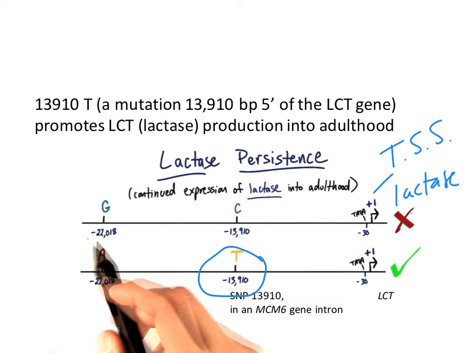What did people that were lactose intolerant have at that position? What nucleotide? The C. So this is a correlation: there's a single nucleotide difference that these scientists are basically saying they could use to diagnose whether or not you're going to be lactose tolerant or intolerant, based on what nucleotide you have at that spot on your chromosome.